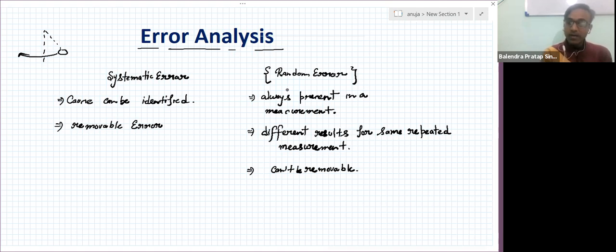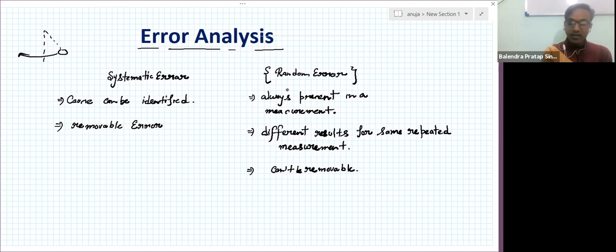By taking a number of measurements. If you repeat your measurement, suppose the first time you get 0.51, next time 0.52, third time 0.51 again. By repeating your measurement and taking the average of all these values, you can minimize your error. You can approximately reach the exact value, not exactly.